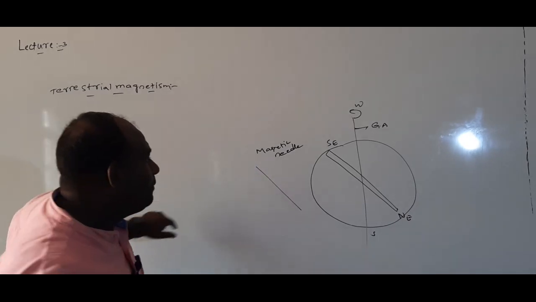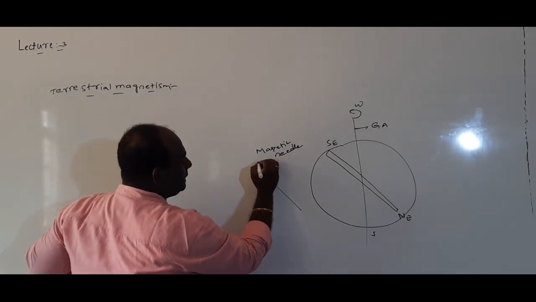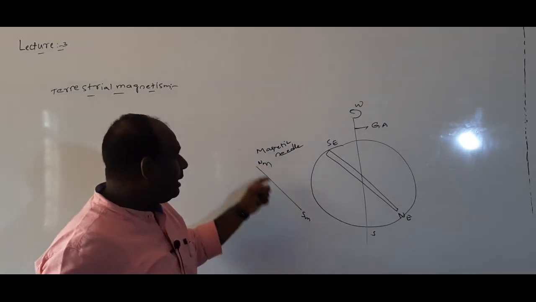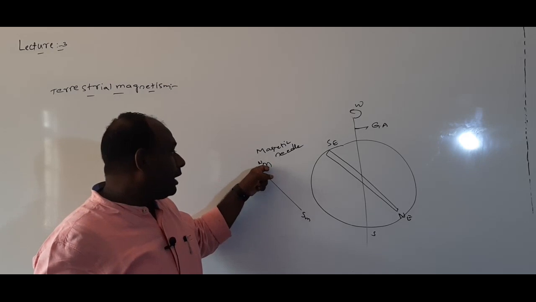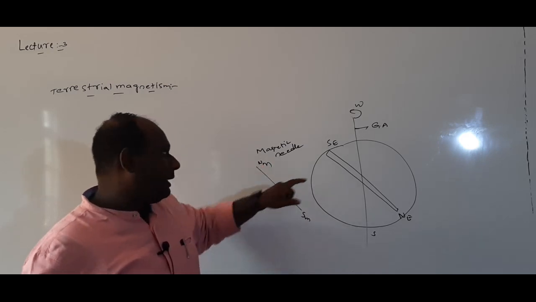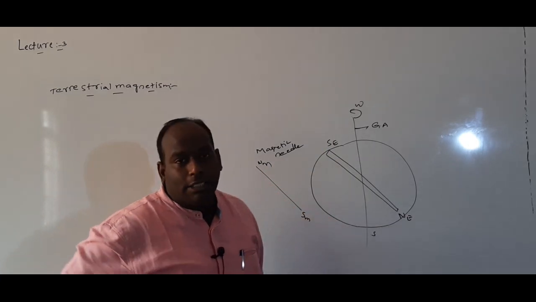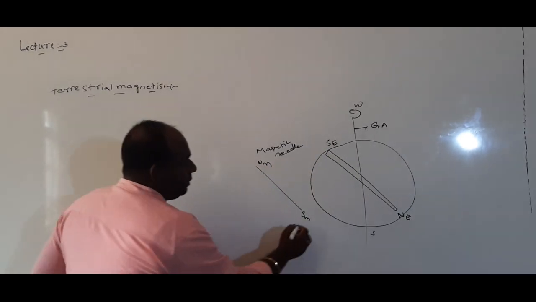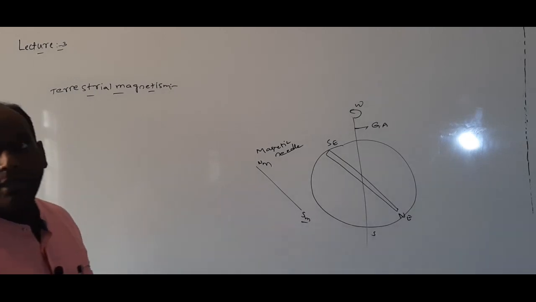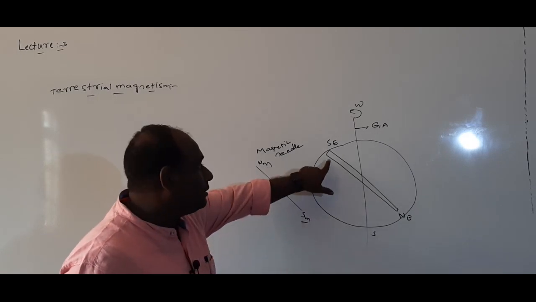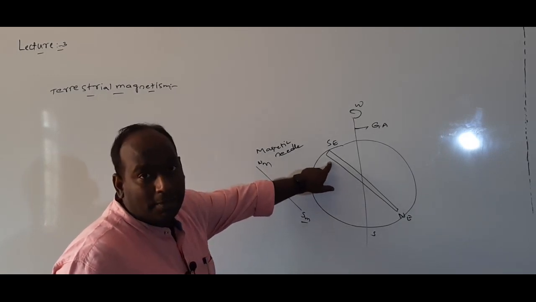This is the magnet, NM and SM. NM and SM are the north pole and south pole of the magnet. SE is the south pole of Earth, NE is the north pole of Earth. We know like poles repel each other, unlike poles attract each other. So the north pole of the magnet will come to rest in this direction. The north pole of the magnet is attracted by the south pole of Earth.